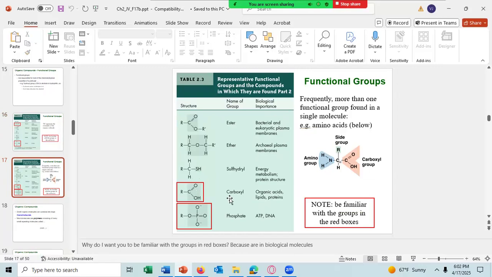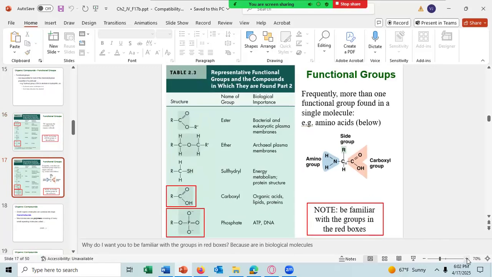It's the carboxyl group found in organic acids, lipids, and proteins. Let me blow that up a little. So you can find this in amino acids, the COOH group, proteins, lipids, etc.